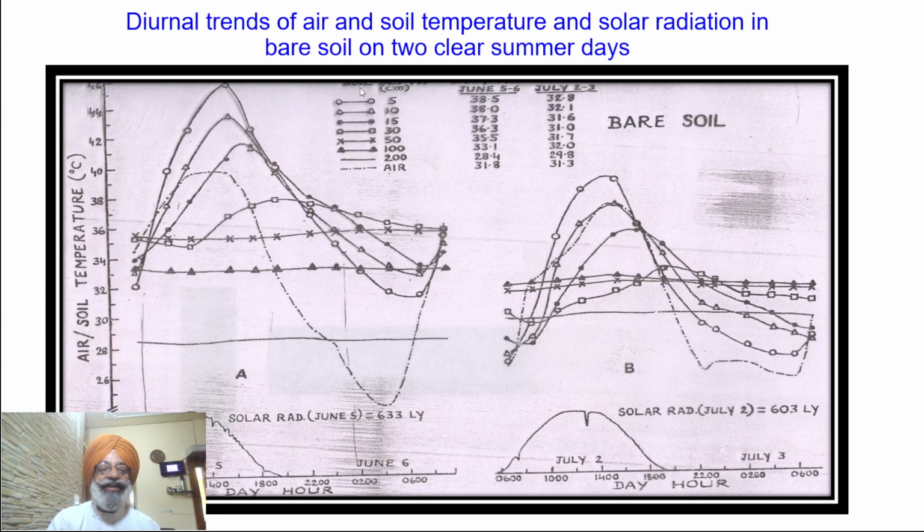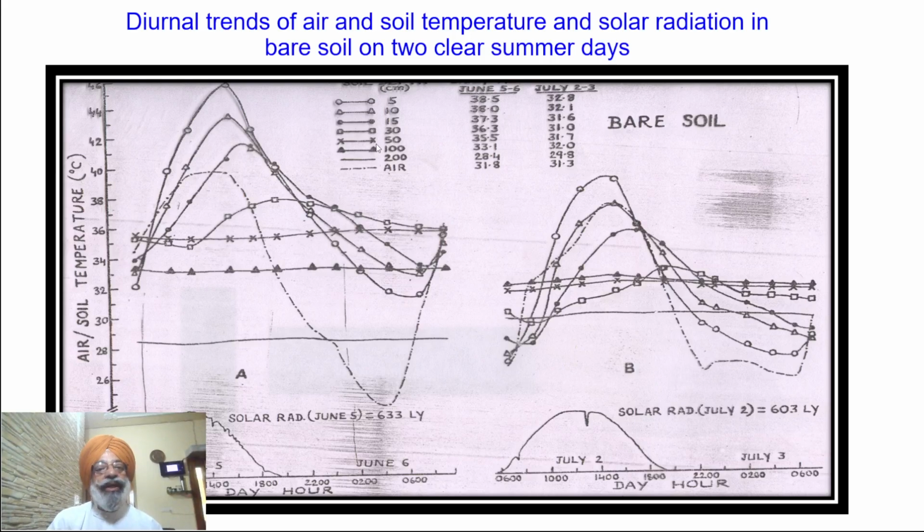This shows that the soil temperature, or in fact I should say the heat wave, damped off. The heat wave disappeared after 30 centimeters. So we also call this the damping depth. That means the soil depth where we do not observe any diurnal variation in soil temperature.